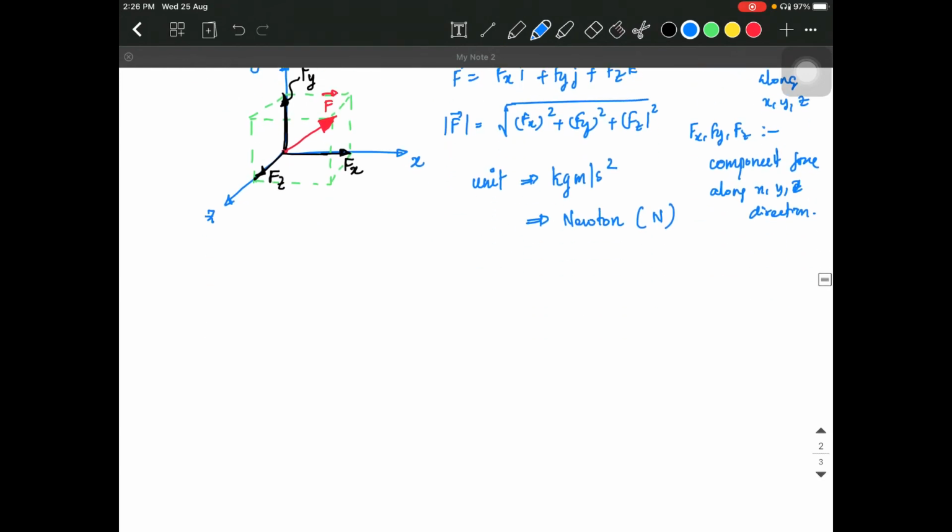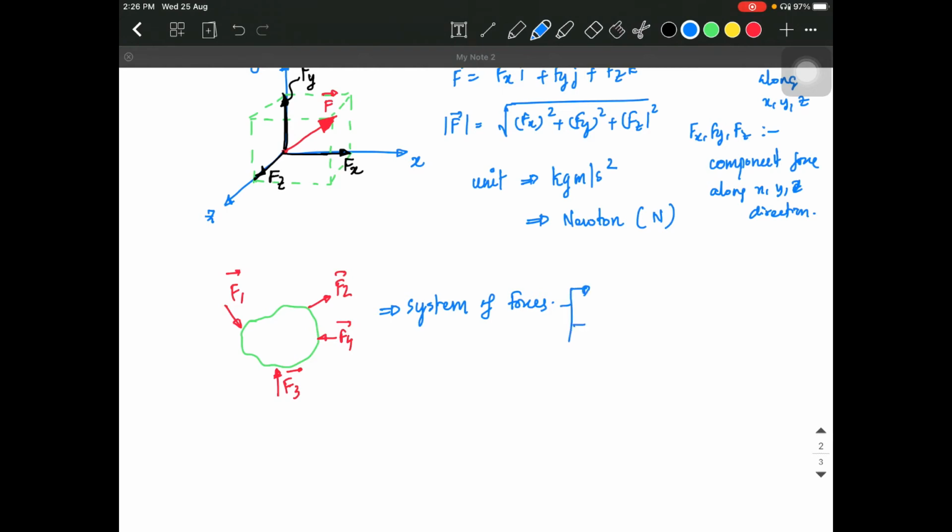Then let's consider a rigid body subjected to a number of forces F1, F2, F3, F4. This constitutes a system of forces.